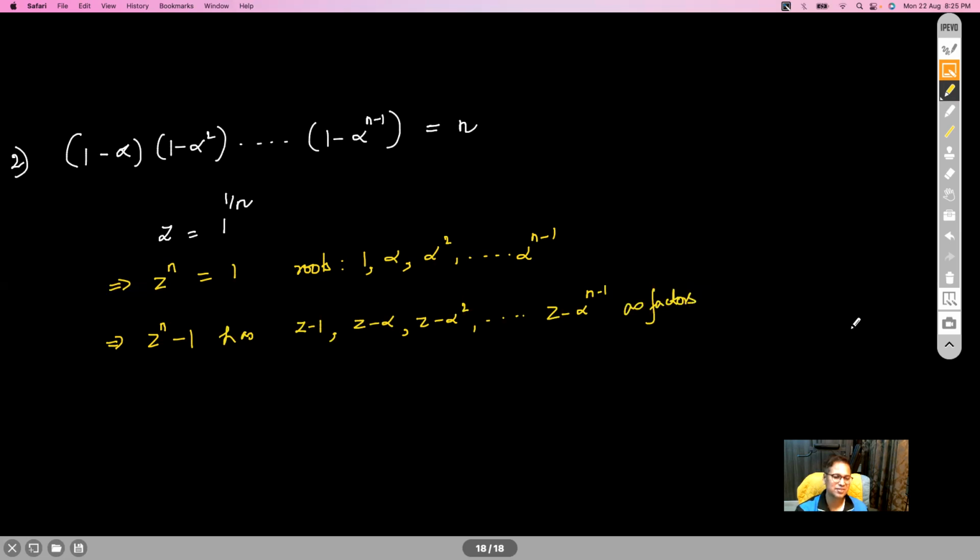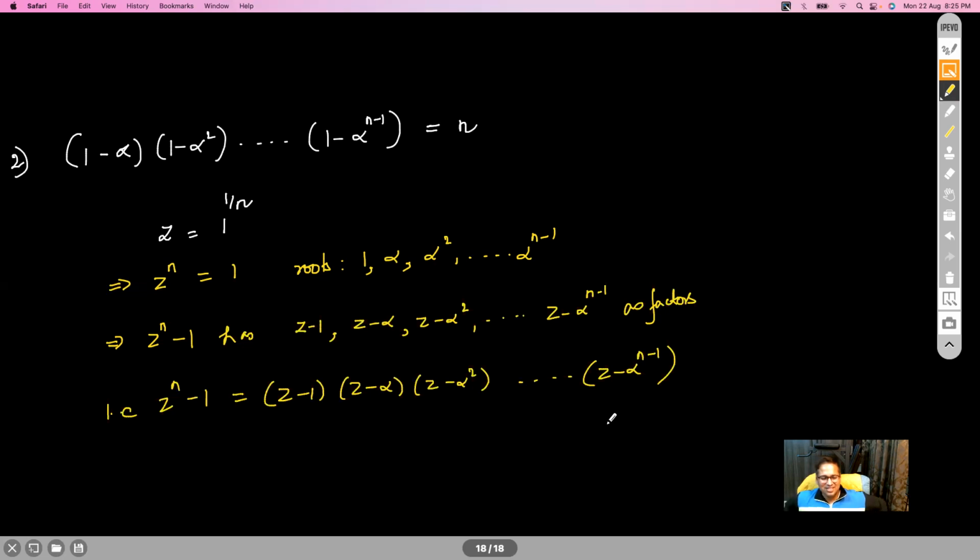Can I say that? That is to say, z to the power n minus 1 can be written as z minus 1, z minus alpha, z minus alpha square, and so on to z minus alpha to the power n minus 1. Yes or no? Can I write it like this? Everybody is happy so far.